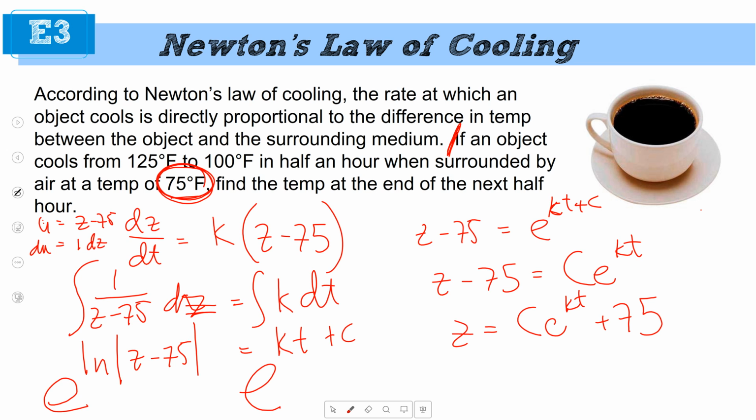3 variables. Z, K, and T. So if I come to this second sentence, an object cools from 125 to 100 degrees in half an hour, surrounded by an air temp of 75. So what's C?